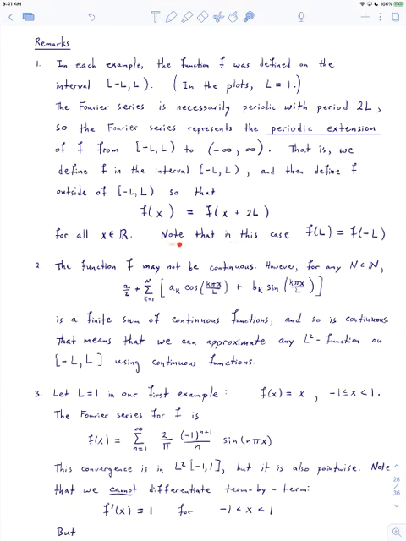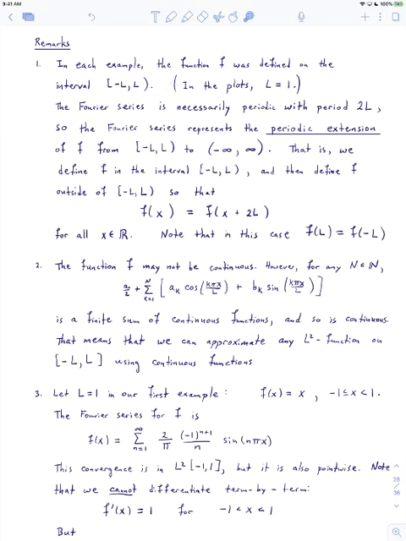So note that in this case, that implies that f at L is equal to f at minus L, because if you add 2L to minus L, you get L. So f at minus L plus 2L is equal to f at L. And since f is periodic, these two things have to be equal. So that's why in these examples I was excluding the right endpoint.